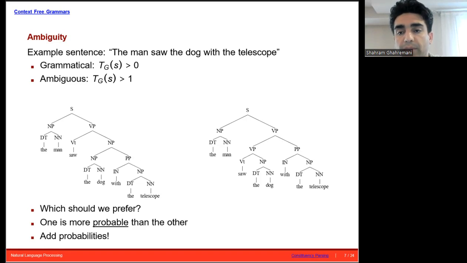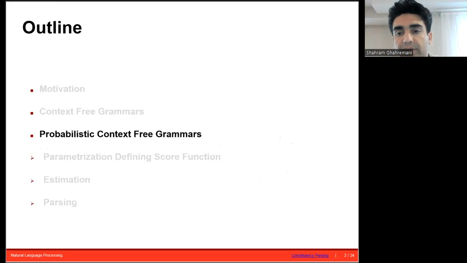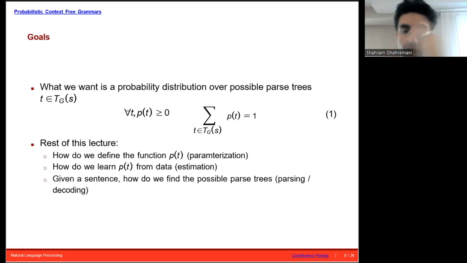We'll do this by adding a notation of probability to our context-free grammar. And that's what we will be talking about for the rest of today. So what we want to do is, instead of just having a set of trees given a particular yield, we want to have a distribution over the possible parse trees.